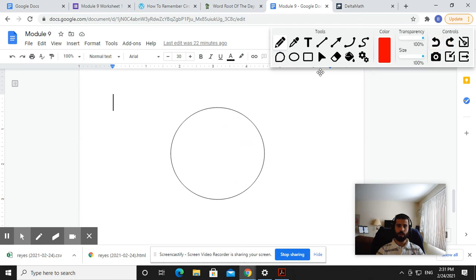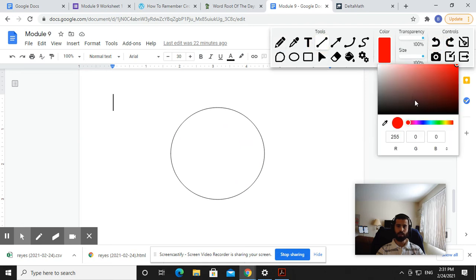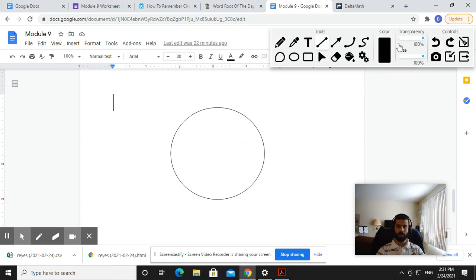Well, the way we find it is going to be similar, but at the same time not exactly the same as how we found the circumference. If you remember, the circumference was equal to pi times the diameter.